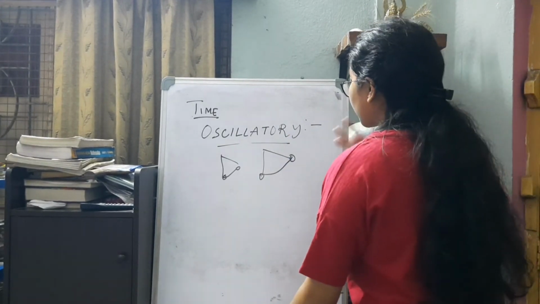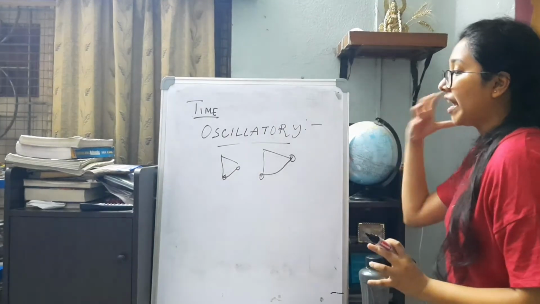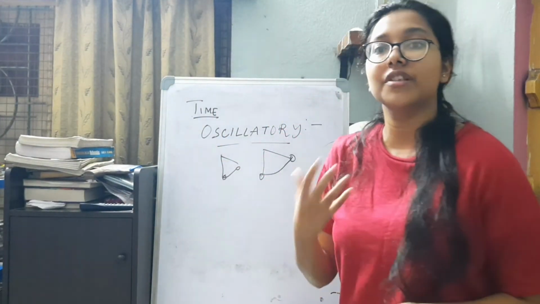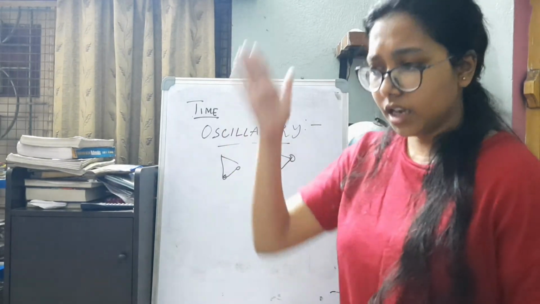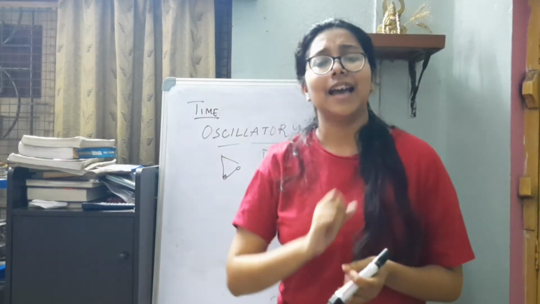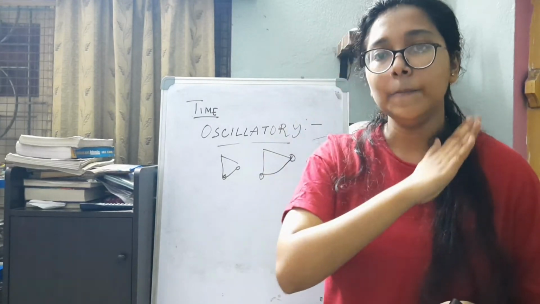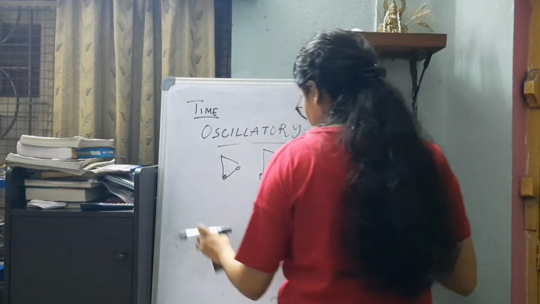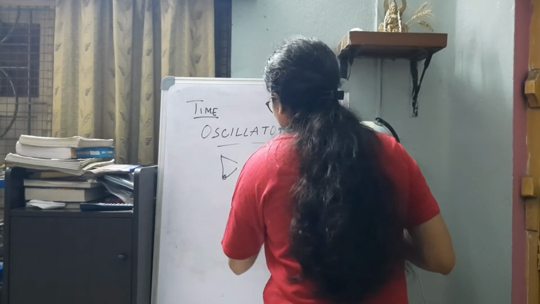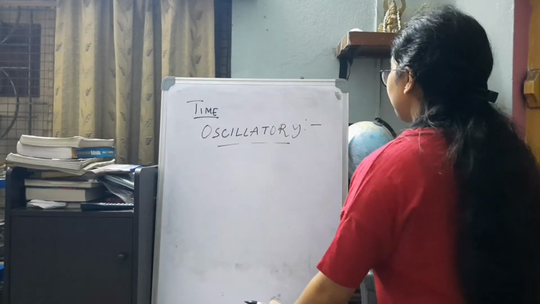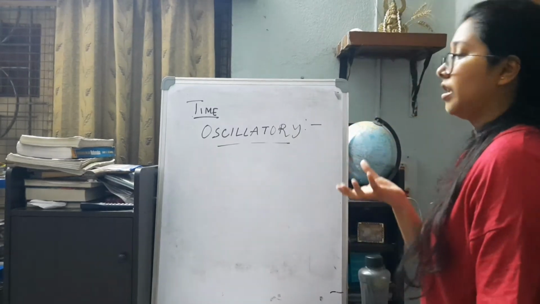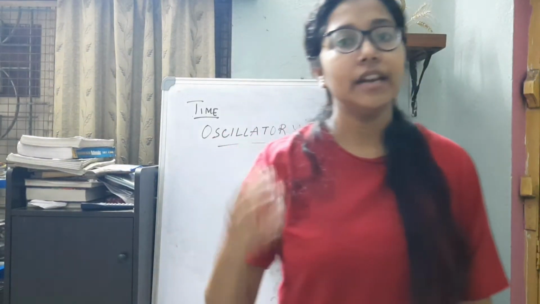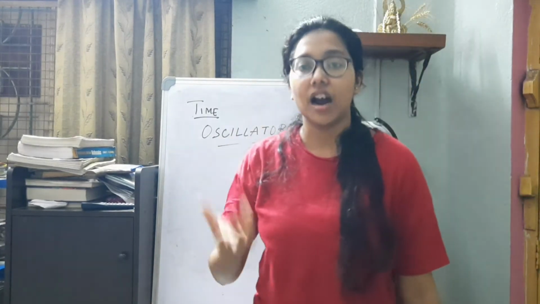Damping causes a loss of energy to the surroundings, and due to this loss of energy the amplitude decreases. Sometimes in a question the damping effect is considered negligible, but damping effects are there.